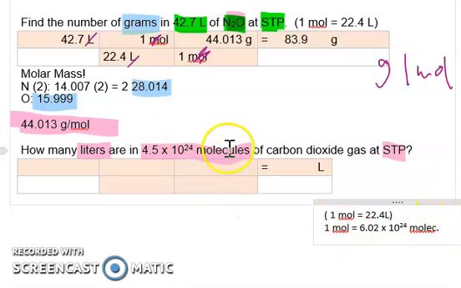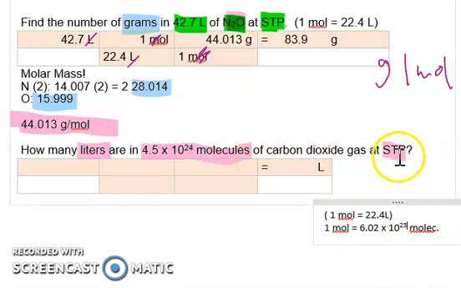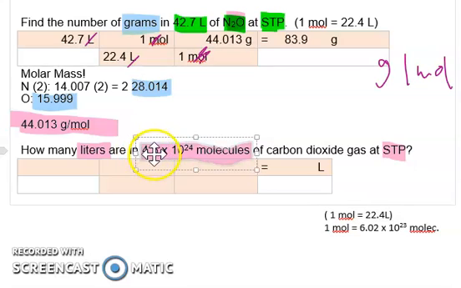So they gave me molecules, so I remembered this conversion of mole to molecules. And they told me STP, so I put my STP mole conversion to liters. Okay, so I have to end in liters, and I started with this many molecules.